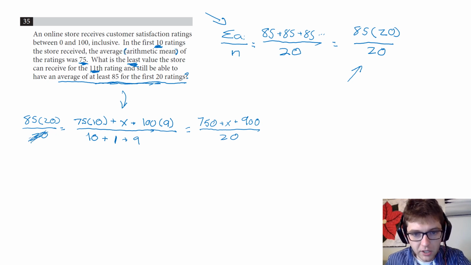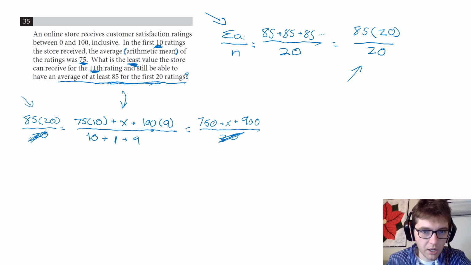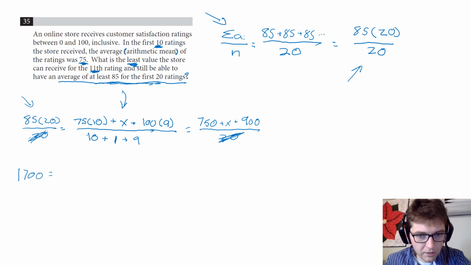You can cross this out, cross that out, and do 85 times 20 on the left-hand side. You can plug it into your calculator: 85 times 20 is 1700, which is equal to 750 plus 900, which is 1650.